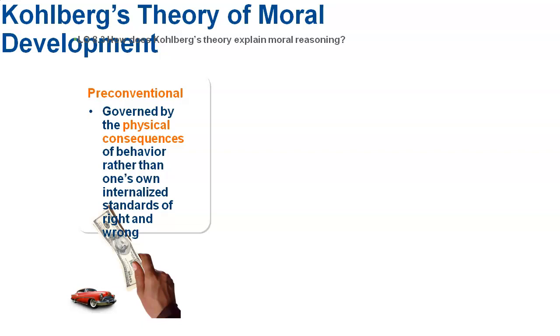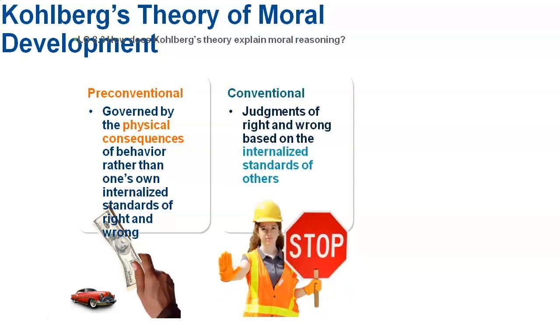Are you being punished for something or rewarded for something? That's your moral code. Conventional, on the other hand, is when your moral compass is through a fear of the law or society. So what has society said is right and wrong, and you go by that. So pre-conventional is kind of this fear of punishment, whereas conventional is this fear of the law.